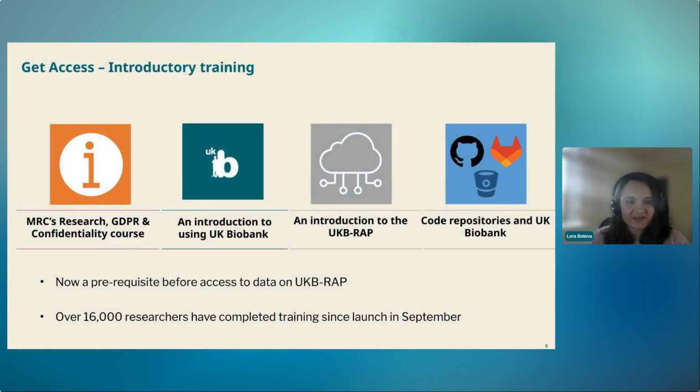In terms of getting access, you would need to submit an application via our access management system and outline your research questions. And once your application is approved, everyone on the project needs to complete a short set of courses, just a couple of hours in total, that cover both the data safety and compliance side, as well as some data and RAP-focused training as well.